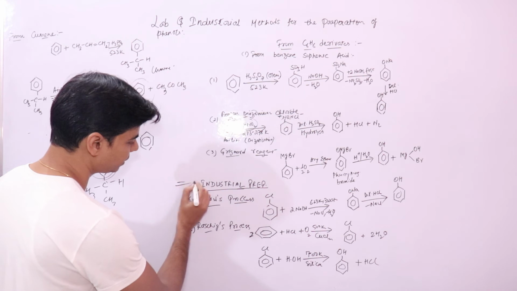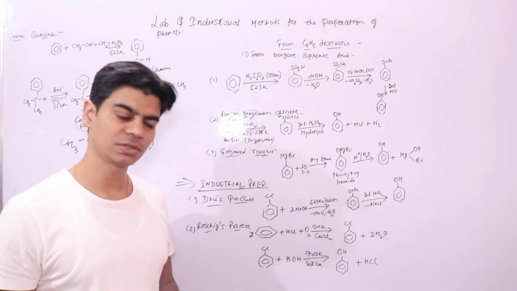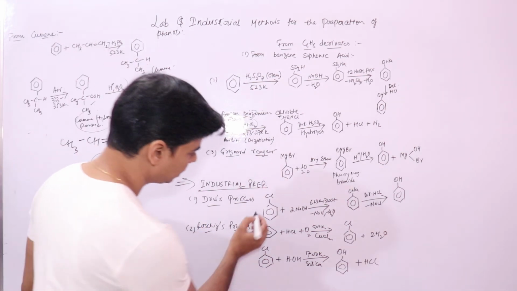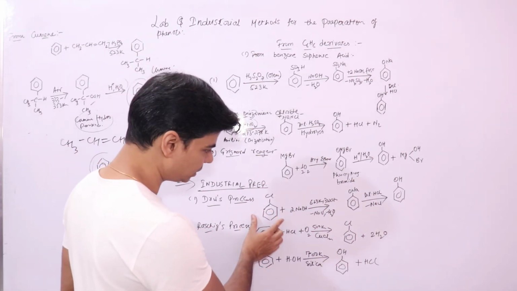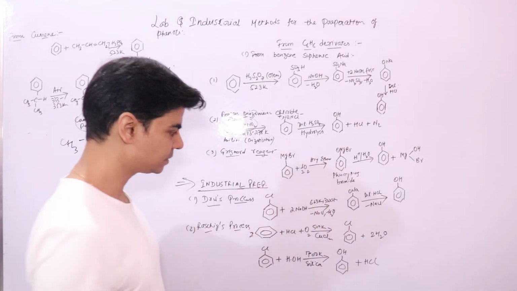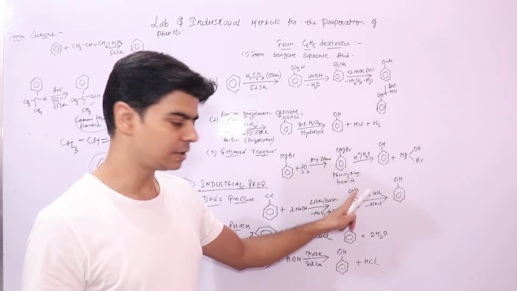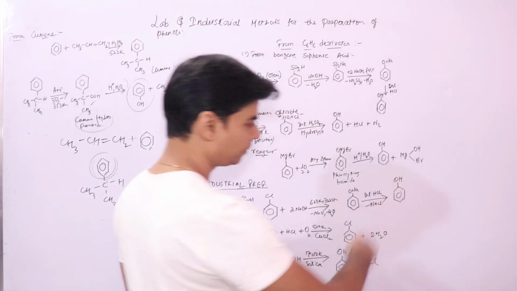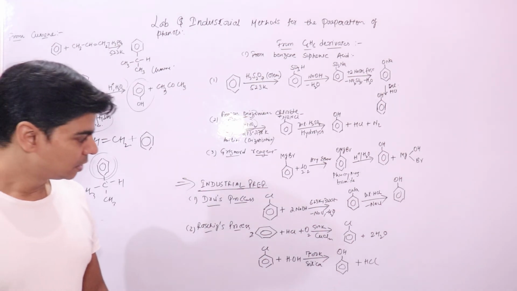Now coming on to industrial preparations, we have two important processes for industrial preparation of phenol. First is Dow's process, the other is Raschig's process, right? In Dow's process, you take chlorobenzene and treat it with sodium hydroxide at 623 kelvins, right, where it will form sodium phenoxide. This sodium phenoxide, on treating with dilute HCl, will form phenol, right?